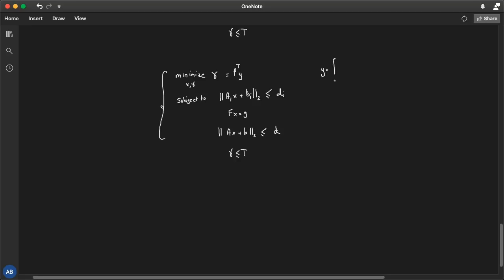Y is actually gamma and X. So my F would turn out to be a vector containing 1 and all zeros. So that F transpose Y returns gamma, okay? And a very similar rearrangement could be done here so that you've got only your problem in terms of Y, so that you can go back to the initial SOCP and solve it using CVXOPT, okay?